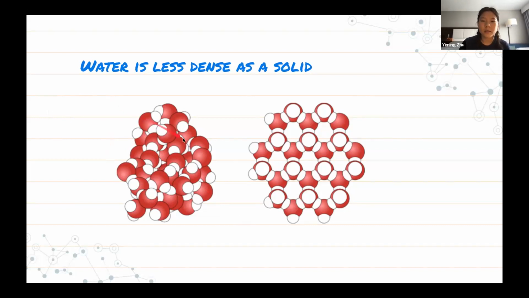Okay, someone in the chat asked if you could tell from structure 2 that it's ice. In this case, yes, because it's in this crystalline form. And then somebody also asked in the Q&A if it's the same for other substances. I guess it would depend.